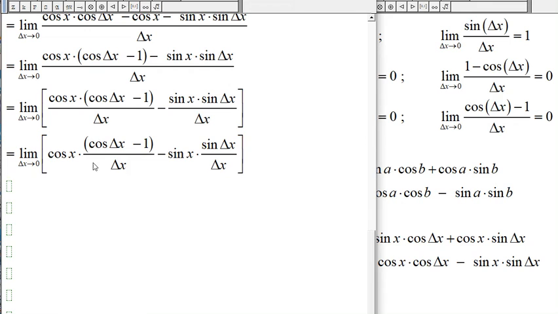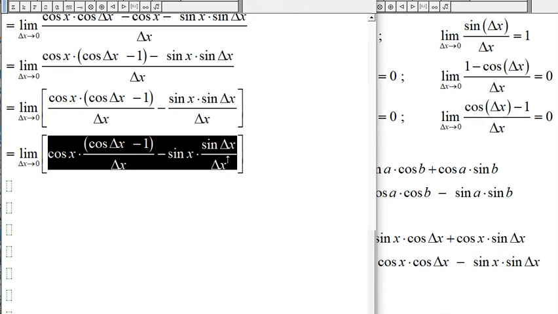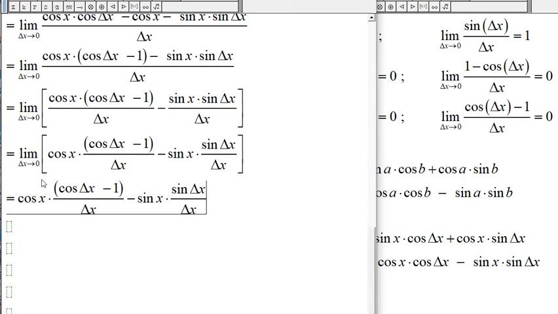And once again, the limit of the difference is the difference of limits, and the limit of a product is the product of limits. So which means we can put the limit in front of each term here. So this is the same if we write it like this.